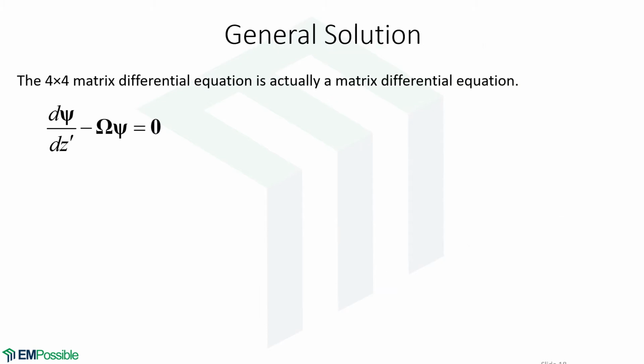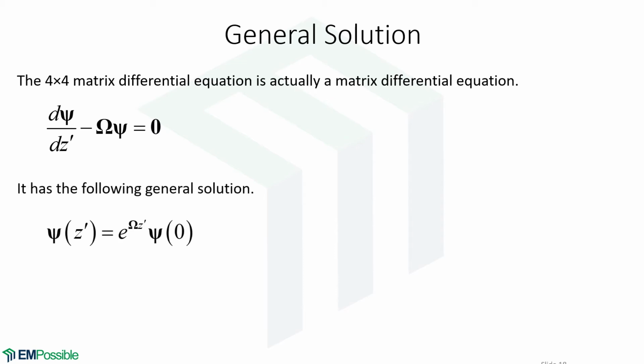So here's our matrix differential equation. If for a moment we forgot about this being a matrix equation and just thought of psi as an ordinary variable, what would the solution be? Well, it turns out it's an exponential. And how do we know that? Well, what function equals its derivative?